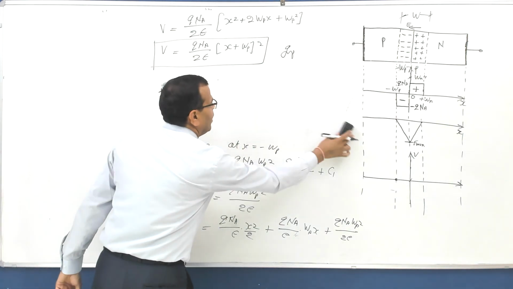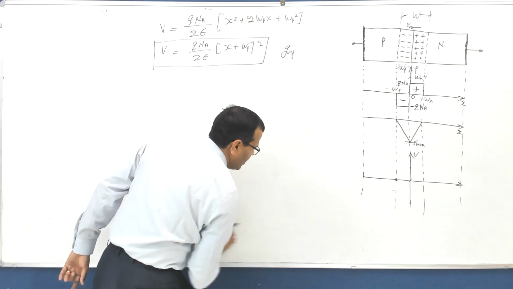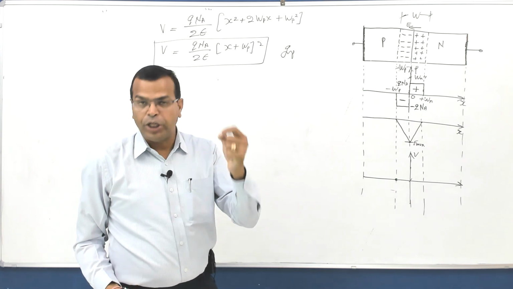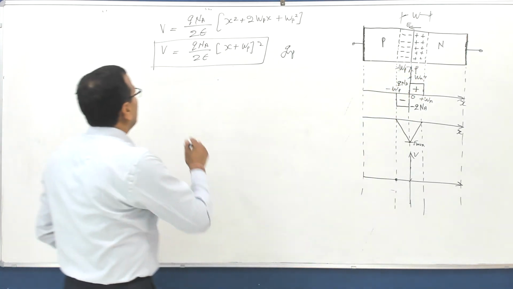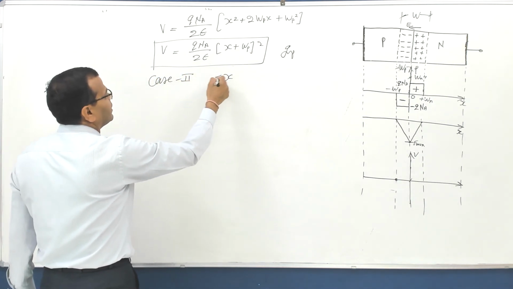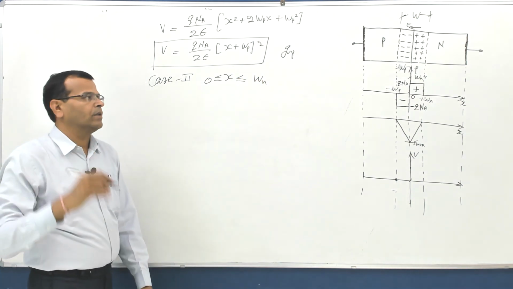Now, let us take case 2. Case 2 is x from 0 to Wn, that is the width on the n side. So I will be taking case 2 now: x greater than or equal to 0 and less than or equal to Wn.